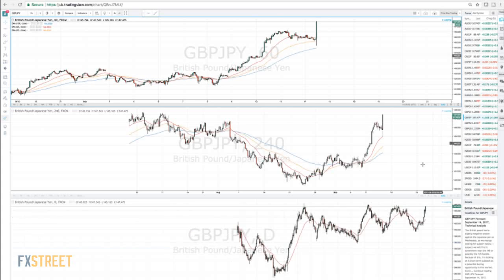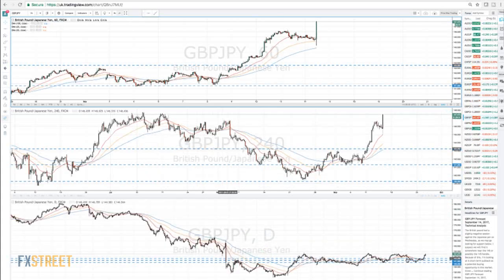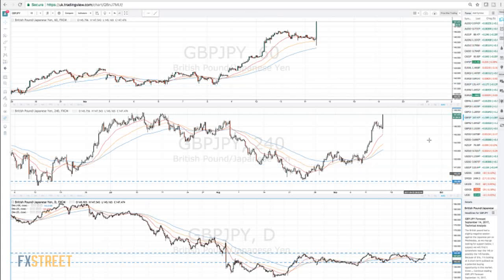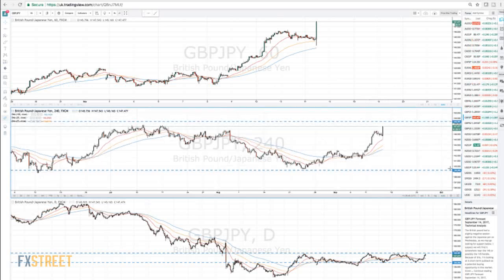Pound yen, no surprise, that's rallying. That's also at a resistance level, but I think the pound yen probably won't pay any attention to this, and it'll be a good opportunity to get involved in this trade. So let's get rid of that there. If we get above, so the level was 148.38, I'm going to become a buyer. In fact, because this market moves very, very quickly, I'm going to jump onto the platform now and put in this order.